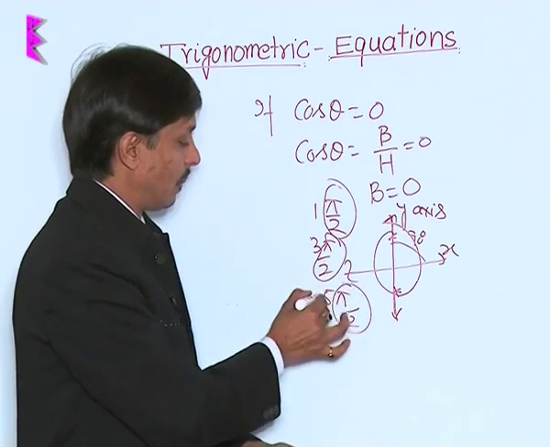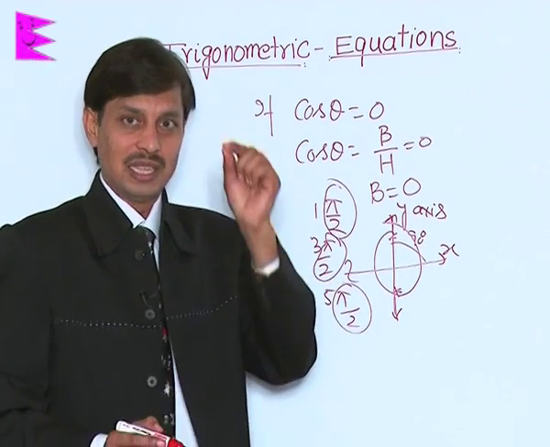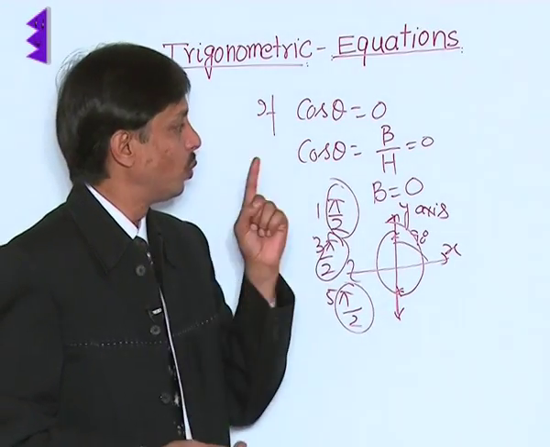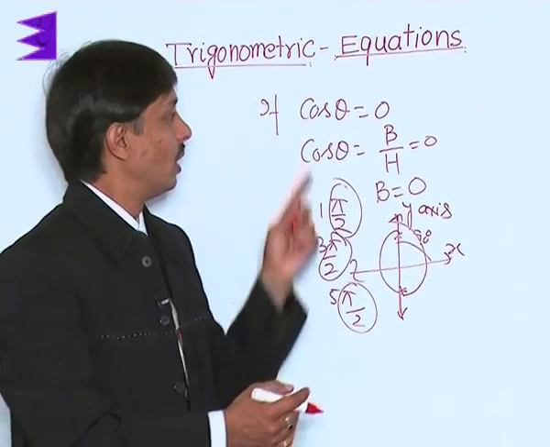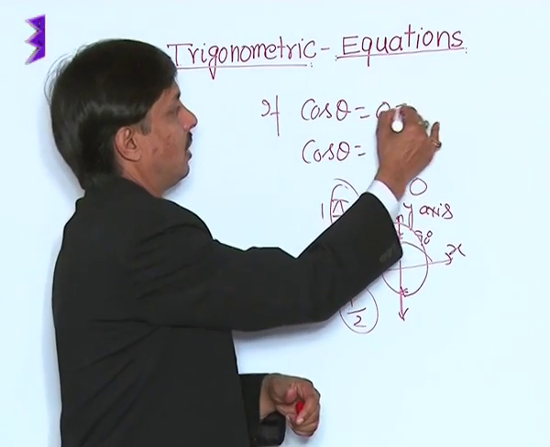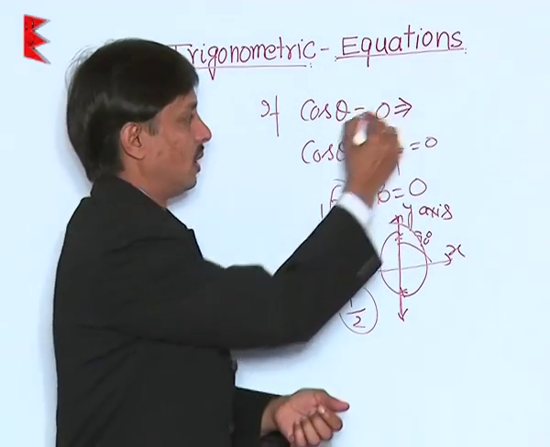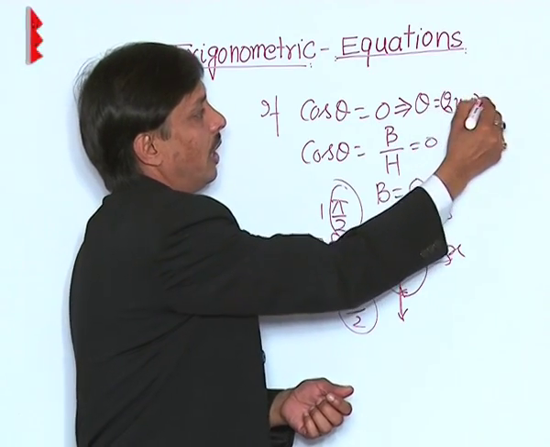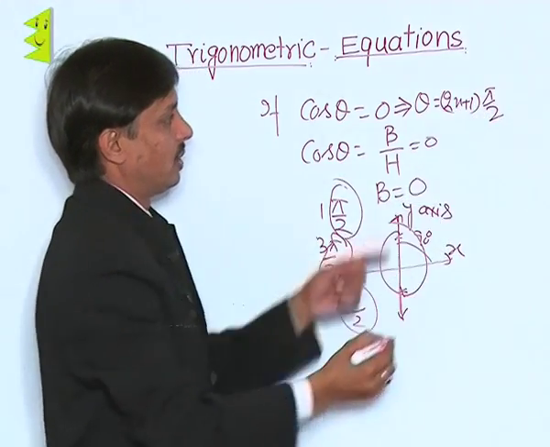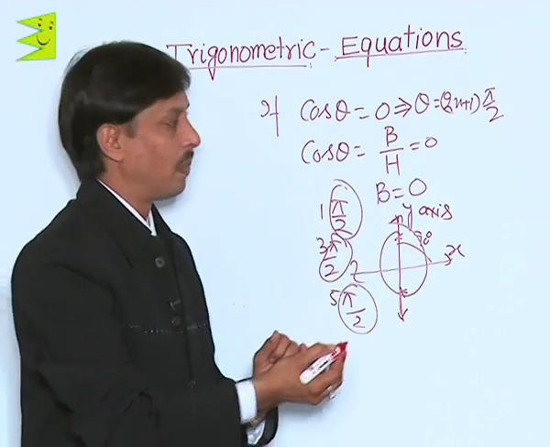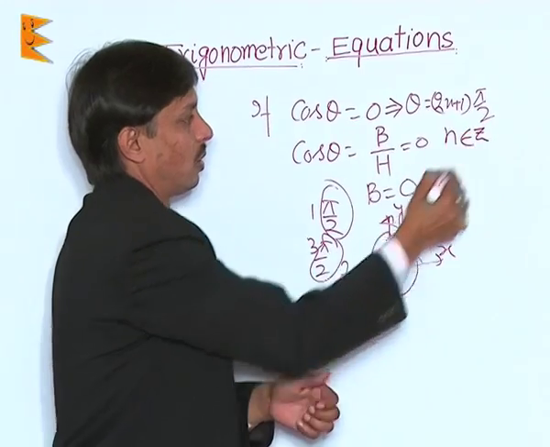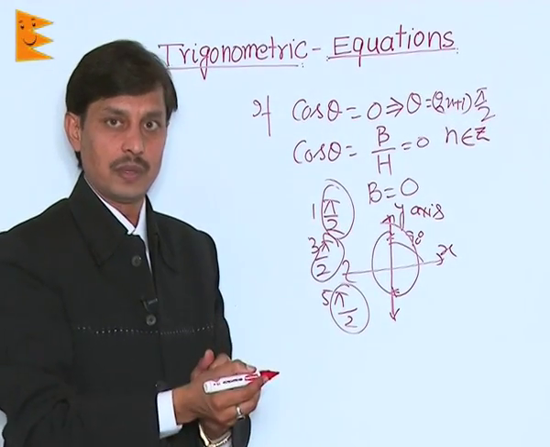Then pi by 2 is multiplied by 5, to keep the angle on the y-axis as we are bound to take base 0. So what conclusion comes? That if cos theta is 0, then the value of theta is (2n plus 1) into pi by 2, that is all odd multiples of pi by 2, and n is again any integer.